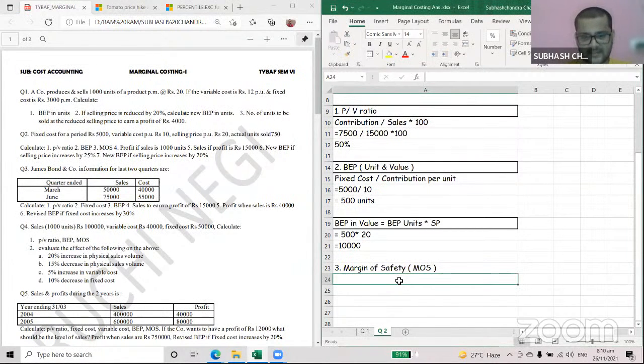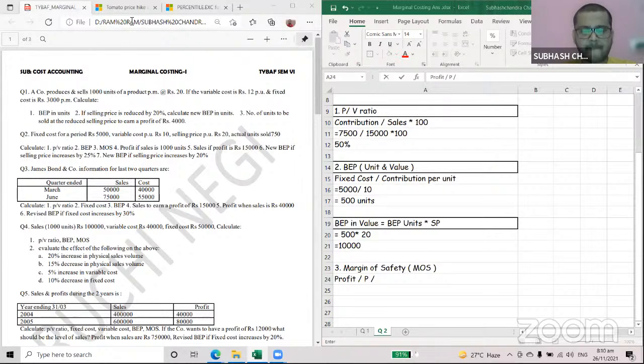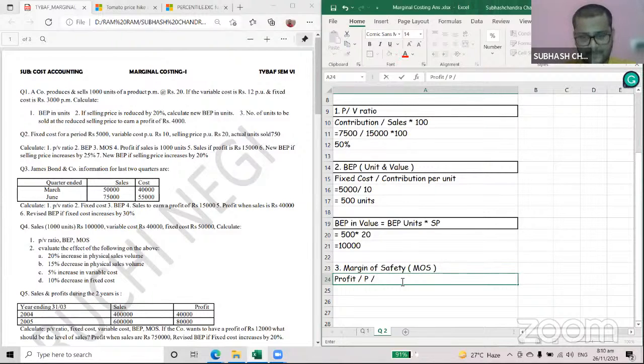Multiple formulas are there. I will tell you: profit divided by PV ratio. Now, can anyone tell me the answer of this?